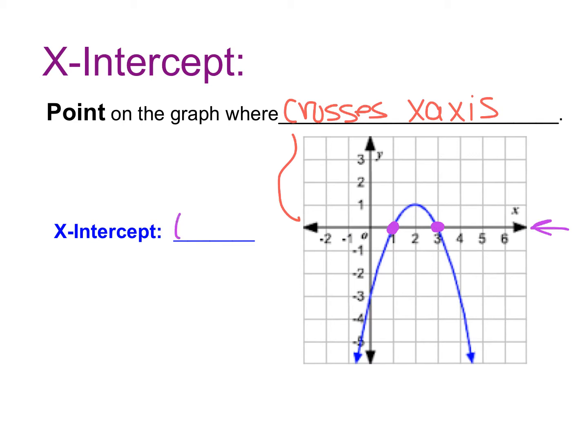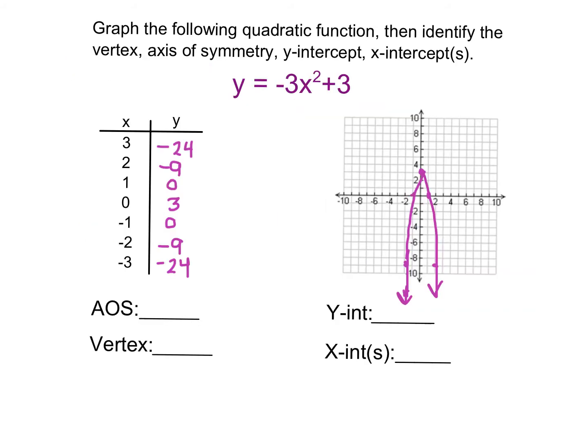We have the point x is 1, y is 0, and x is 3, y is 0. So sometimes you can have multiple intercept points. In this case, we have 2 points. The key part for all of these x-intercept points is that y is equal to 0 because it lies directly on the x-axis.